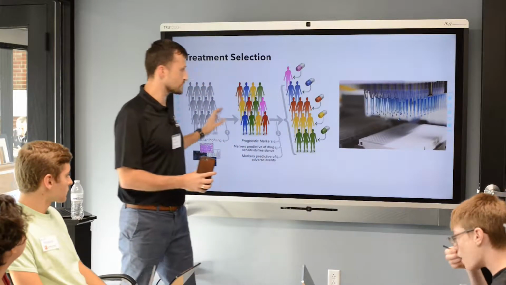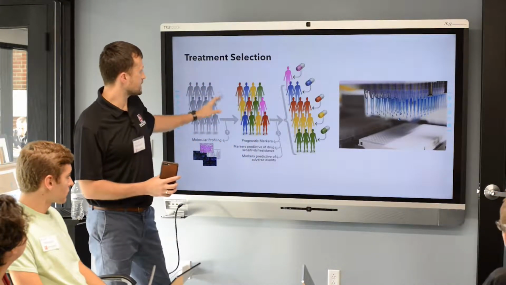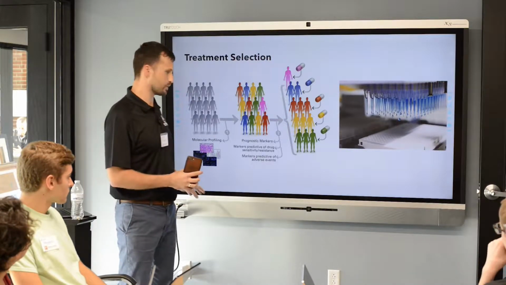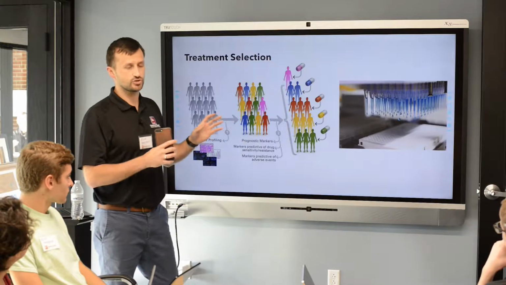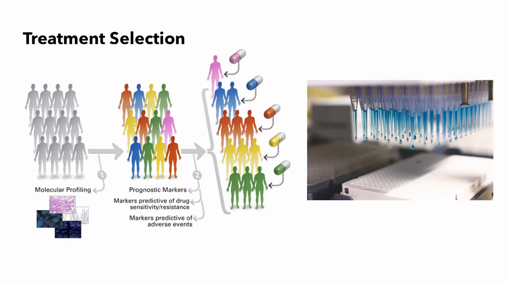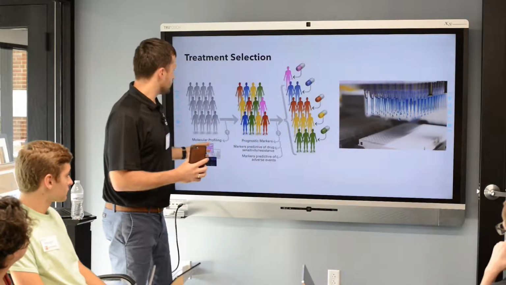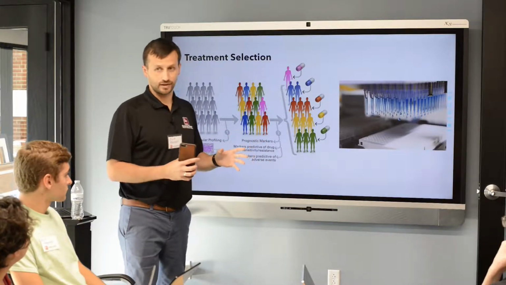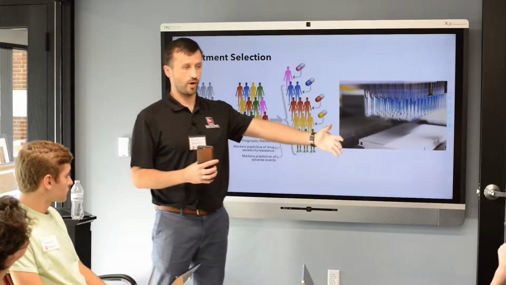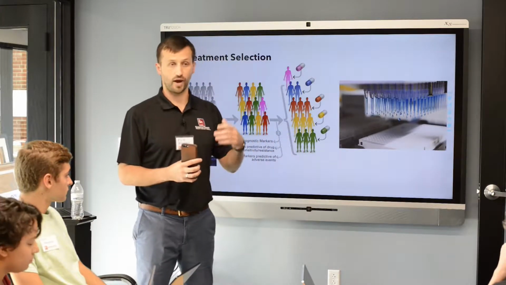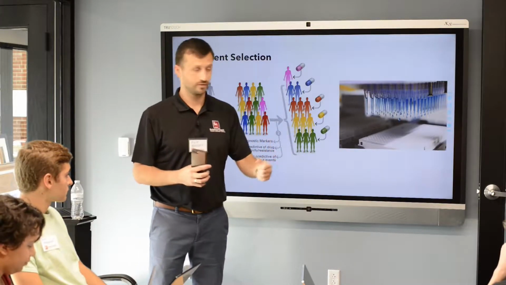The personalized aspect of it is the idea that we can take a population right here, and we can use molecular profiling to stratify these patients, or even look at individuals instead of large groups of patients, right? So if we can look at prognostic markers, for example, markers that tell us how far away from today is this person likely to die from this disease or have a recurring event.